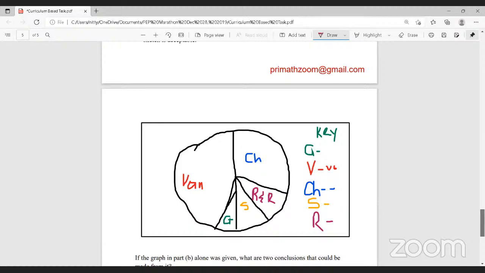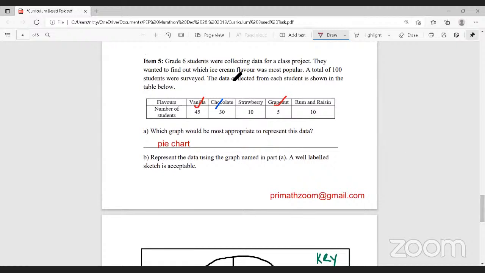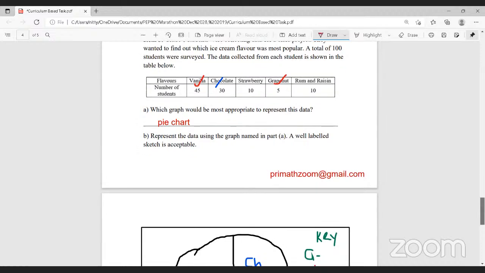So let me just go back up to what we started out with. Grade 6 students were collecting data for a class project. They wanted to find out which ice cream flavor was most popular. So go ahead and tell me what could be a possible title for this pie chart.